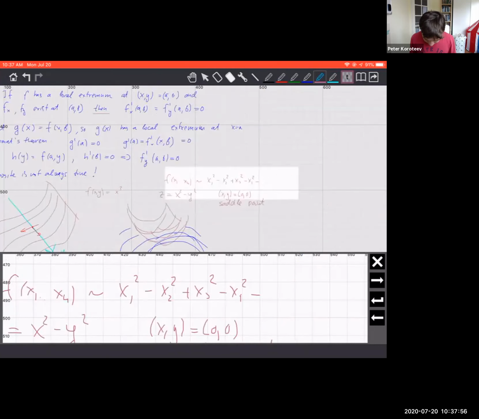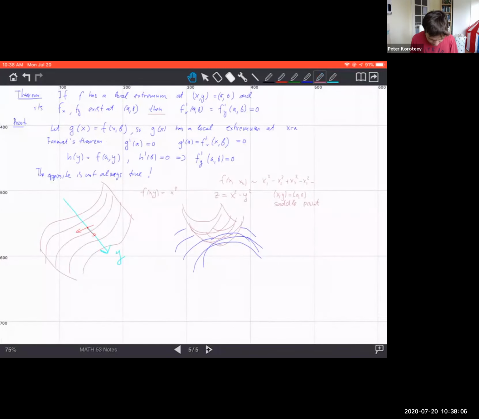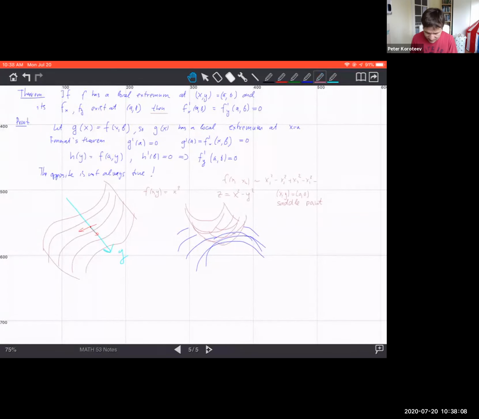And then that's also called a saddle because it would grow in one direction and would sort of decrease in the other. Yeah, so the opposite is not true. This phenomenon does not happen in a function of one variable simply because there is no room for that.